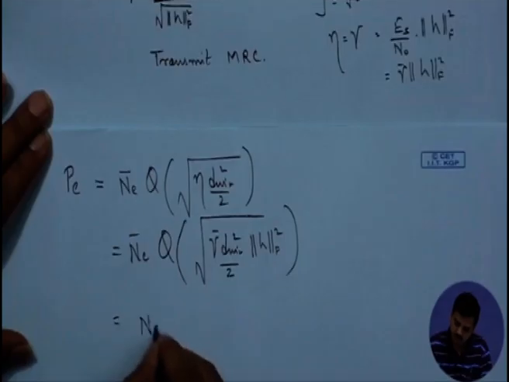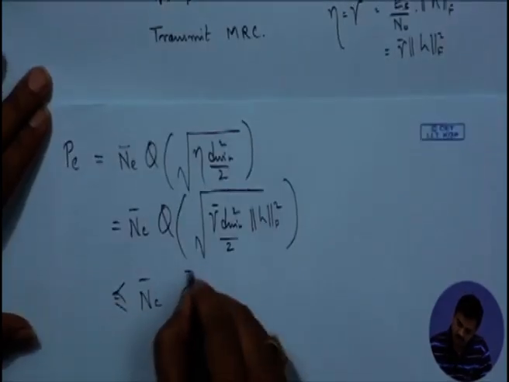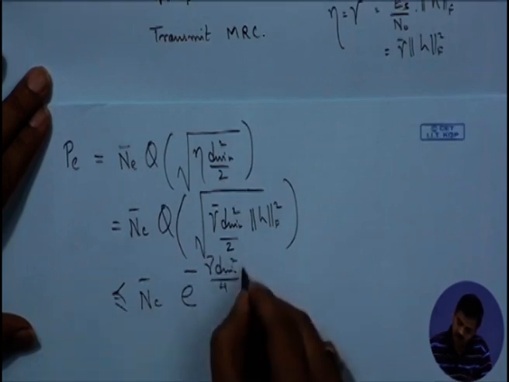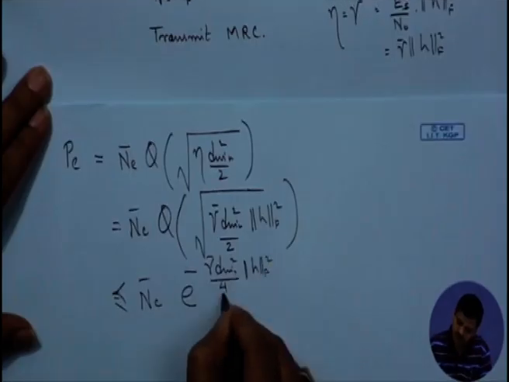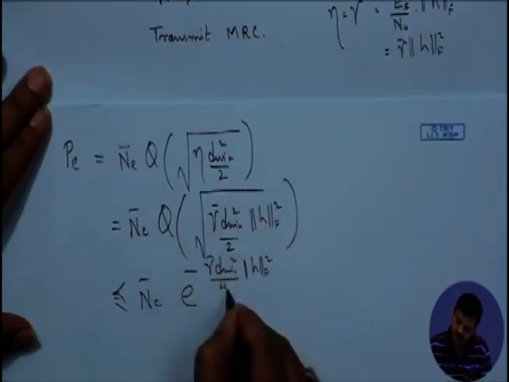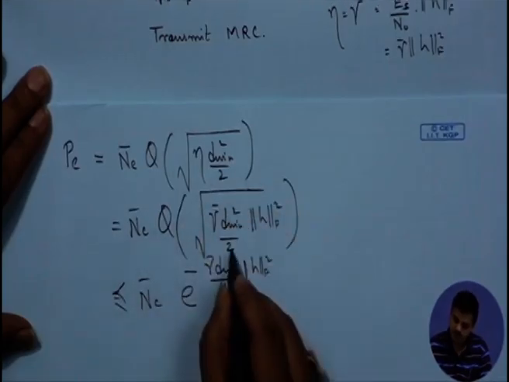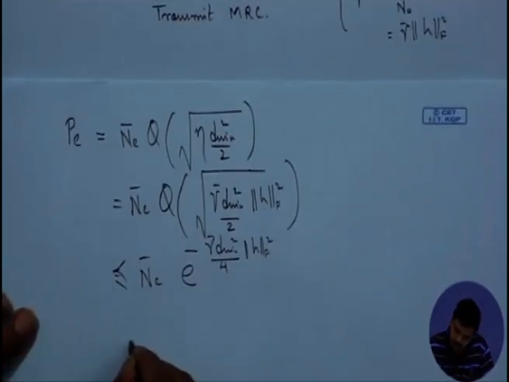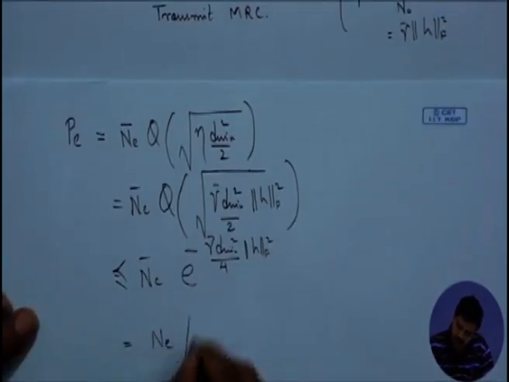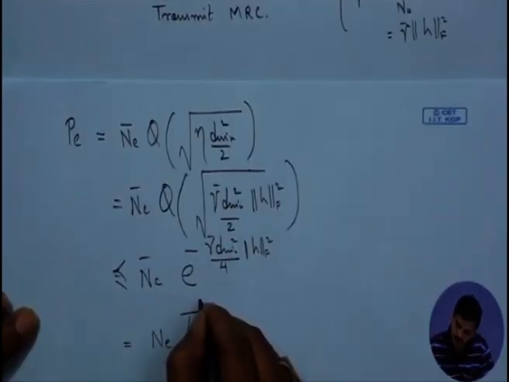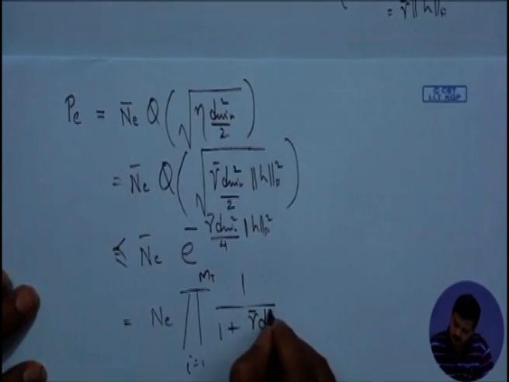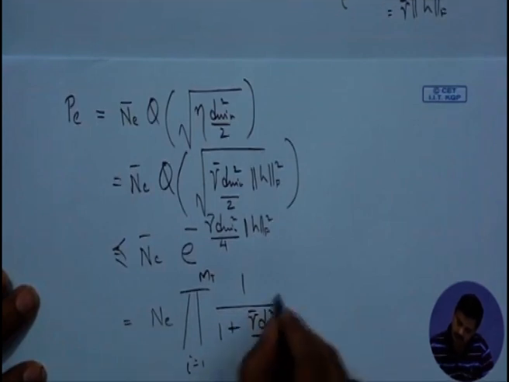Rest of it would follow Ne bar. This is less than or equal to e to the power of minus gamma bar d min squared by 4 times the Frobenius norm of H squared. This 4 because the argument of this is squared divided by 2, so 2 times 2 is 4. Now this would naturally lead to Ne bar, product over i equals 1 to Mt, of 1 by 1 plus gamma bar d min squared by 4.